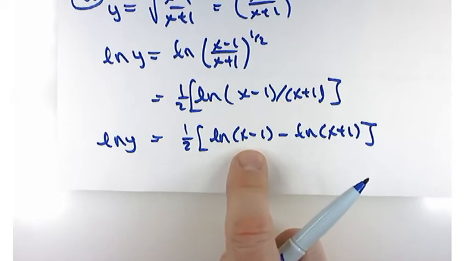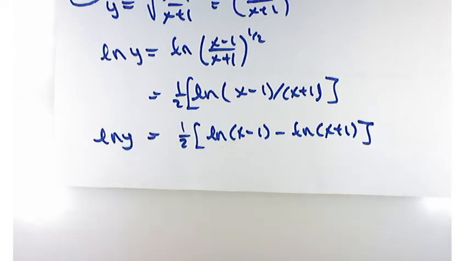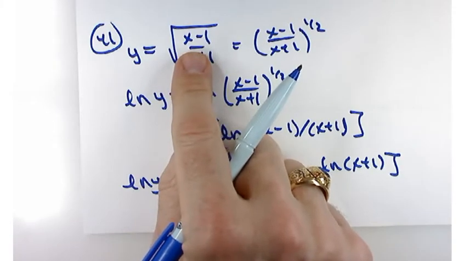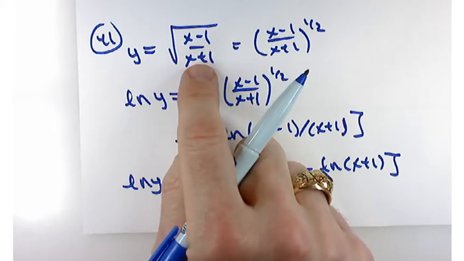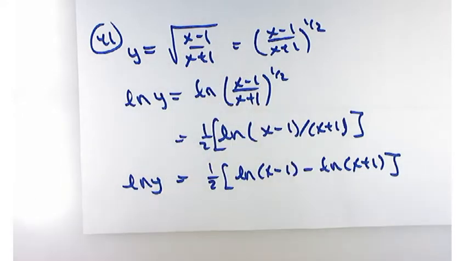Let's not forget that. What's the derivative of the inside, Derek? 1. Yeah, so you're in good shape there. It's a lot easier to differentiate this. Could you do it without doing that? Yeah, but I wouldn't want to. It'd be such a pain to do it the other way. I wouldn't do it, at least not willingly.